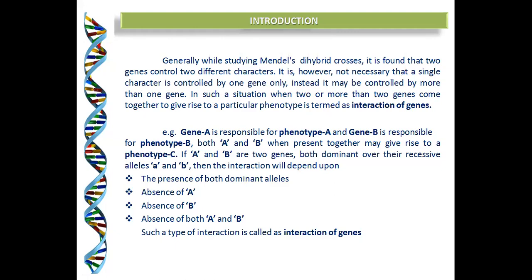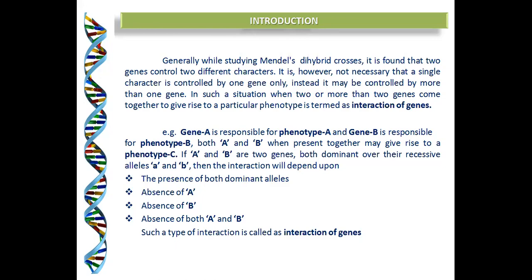For example, the R gene is responsible for the shape of the seed, and the Y gene is responsible for the color of the seed, but those two genes may come together and give a third character.